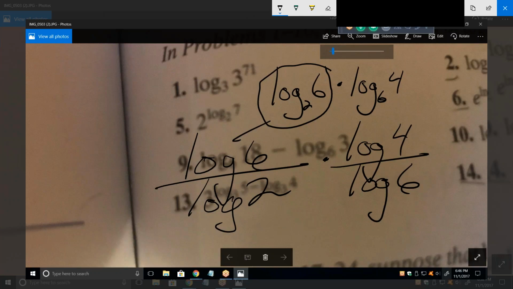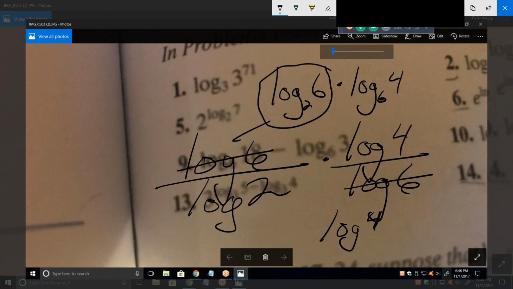Well, remember, each one of these is just a number, right? You could get these out of your calculator. Well, that's the same number as that, so I can cancel it. Now I have the log of 4 divided by the log of 2. That's my answer. It is?